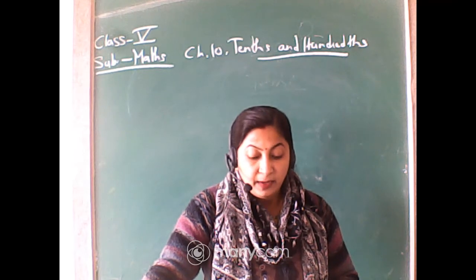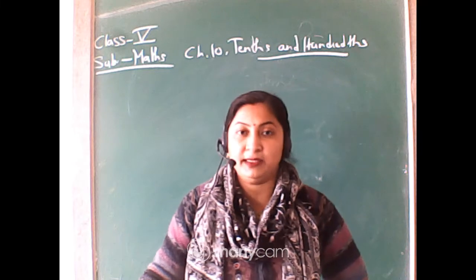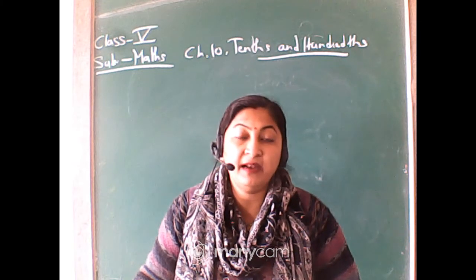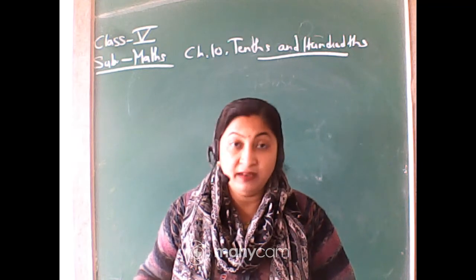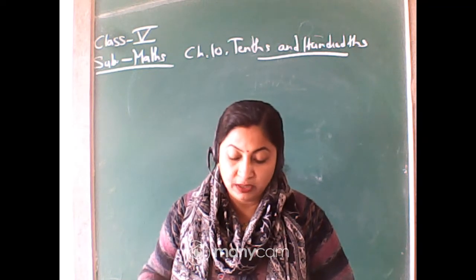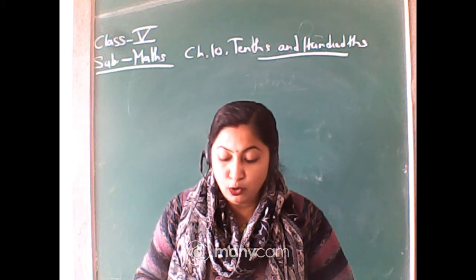Next, measure it using a scale. How good is your guess? Now you have to measure the length of the pencil with the help of the scale, and you have to find whether your guess is correct or not. See, we can see that Anju used a lens to make it look bigger.